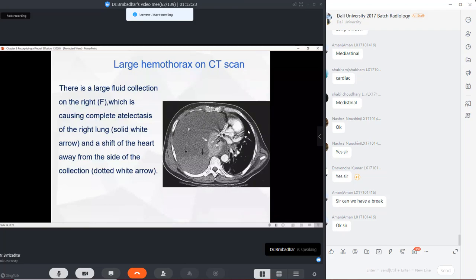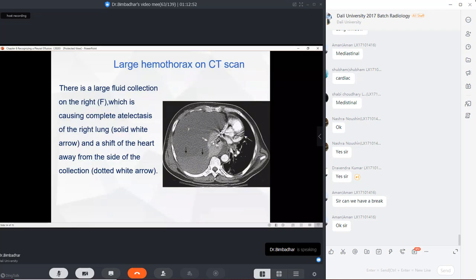The heart is deviated to the left, which is called a left-sided mediastinal shift. Also, you can see that this density is a little bit higher, right? This one looks a little more gray compared to this level here, which is marked as F, right?